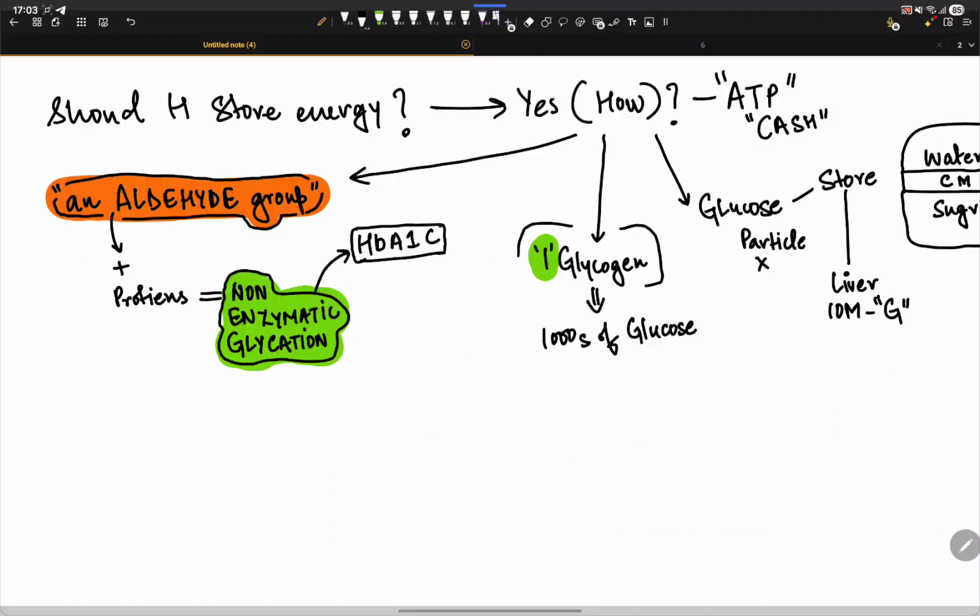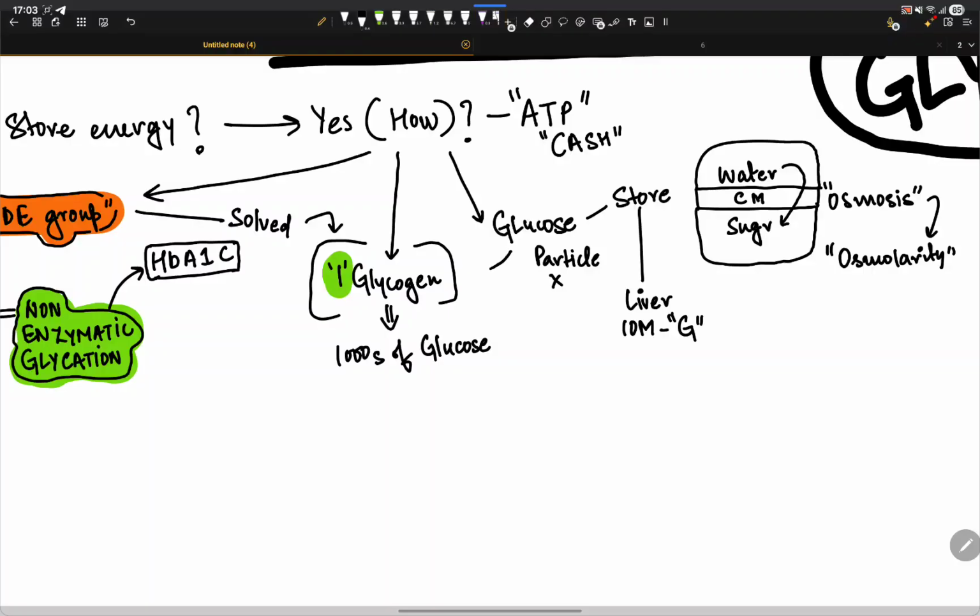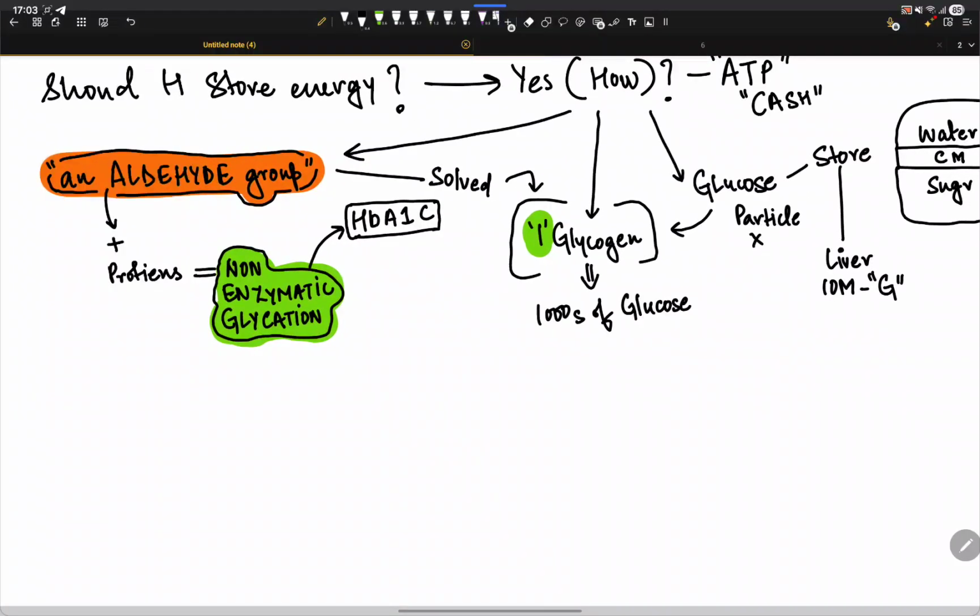Let me make it a box. So we solved this error, and we solved this error too. It solved the osmotic problem and it solved the aldehyde problem, right? But why not store everything as fat then? That's also a question, right?